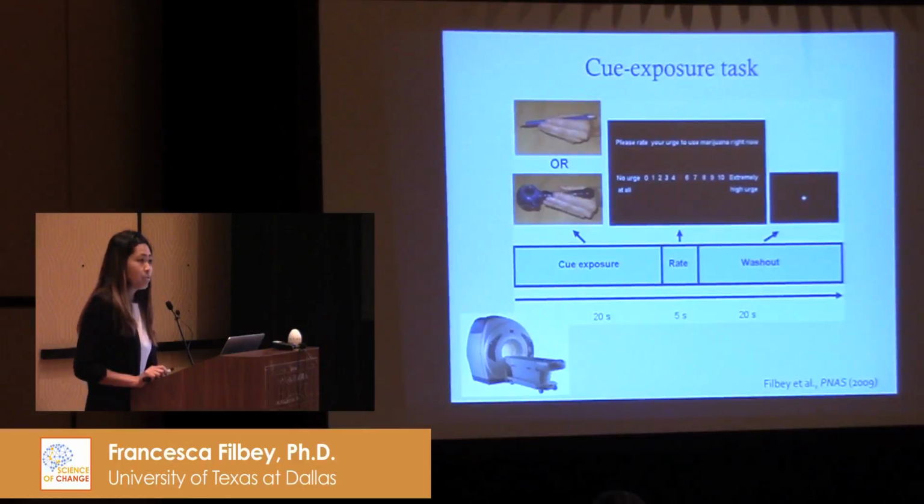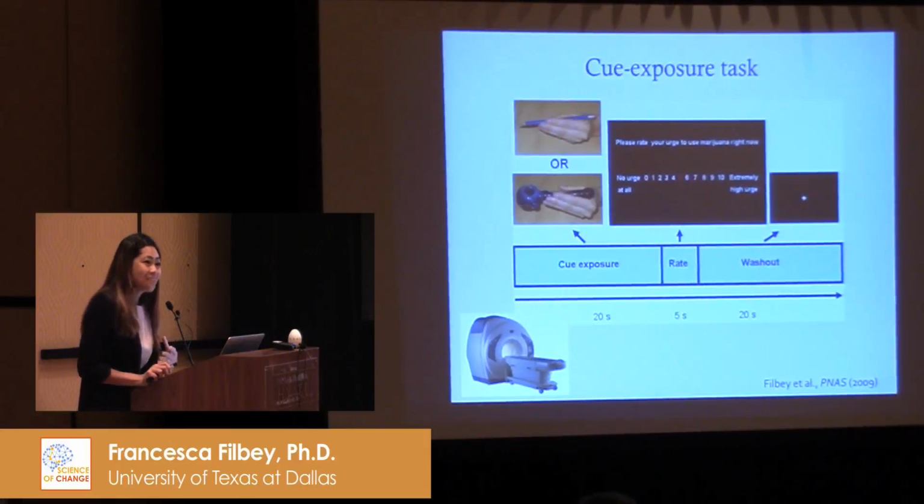So for this group of marijuana users, we wanted to see how they might respond to a marijuana cue, such as a used marijuana pipe. What we did while they were in the scanner is we handed them this marijuana pipe, so they were holding it. Again, it was used, legally acquired.